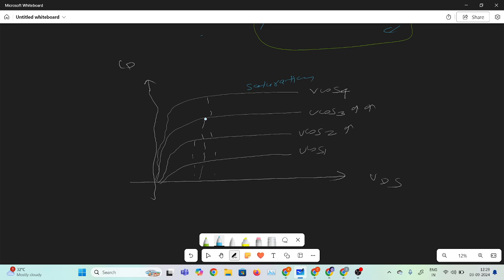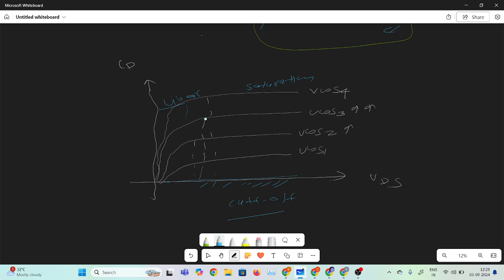This region is called the saturation region, and this complete region is called the linear region. And this region is the cutoff region. I hope you understand all these regions.